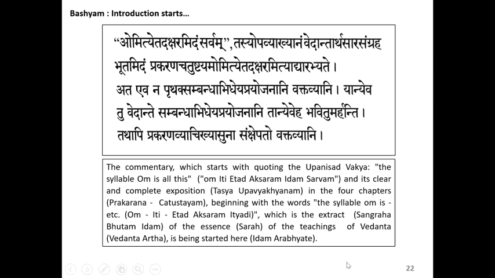So here in this particular commentary, Shankaracharya says, Om iti etat aksharam idam sarvam. Om is everything in this world. What I am going to explain to you in the 4 chapters of this Mandukya Upanishad is nothing but Om.